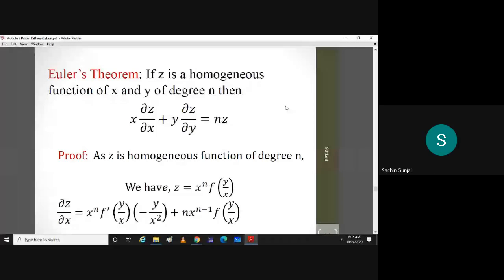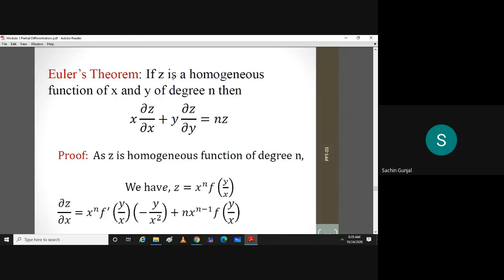So let us quickly recall what we did last time. Now we are at the end of partial differentiation, and the very important theorem, Euler's theorem, which talks about homogeneous functions. For a homogeneous function u or z of degree n, x ∂z/∂x plus y ∂z/∂y equals n times that function z.